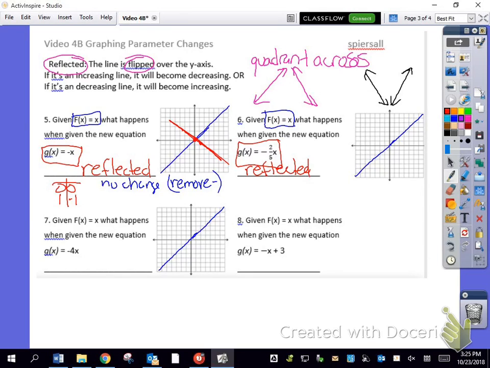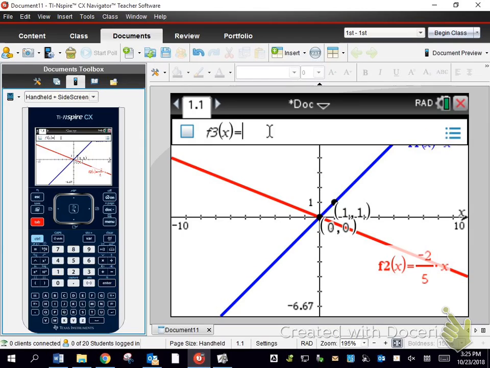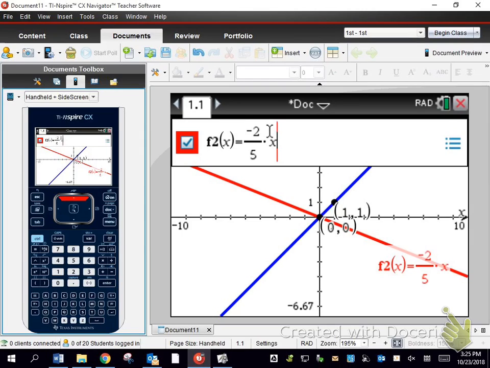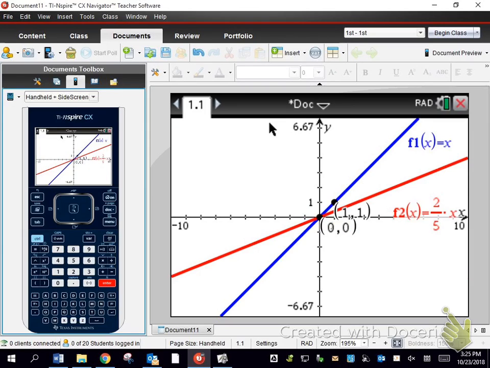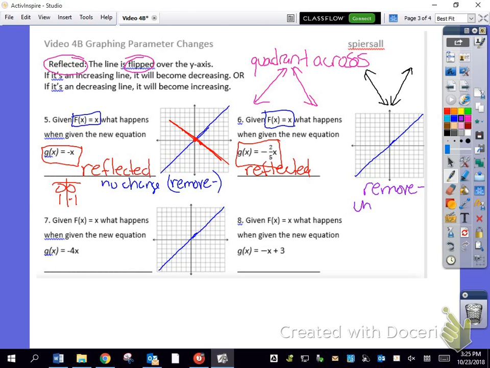Now, remember, we're going to remove that negative before you tell anything else. Go to tab, up arrow, take that negative off, hit enter. Look at where the red one is. The red is underneath, and if it's under, I'm going to say less steep.